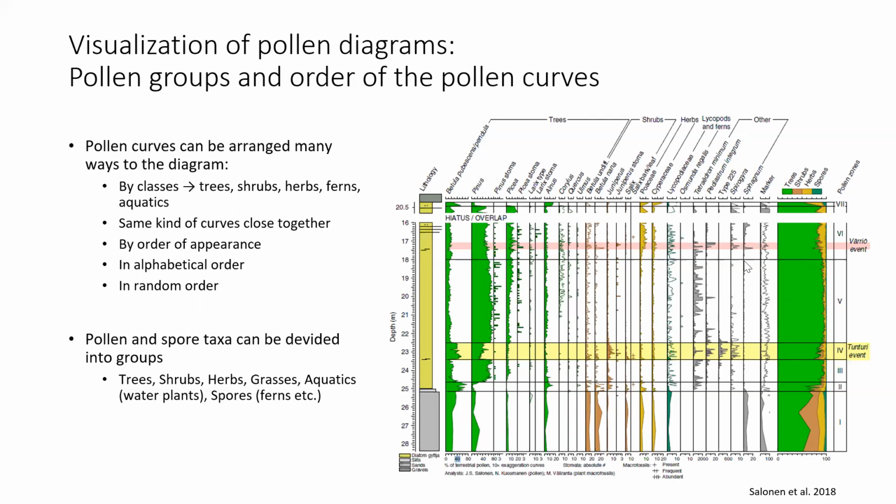Also, some people present the pollen in alphabetical order or in random order. Myself, I usually use the order of first trees, and even first conifers and then broadleaves, then shrubs and then herbs and so on. But there are different ways to do this.